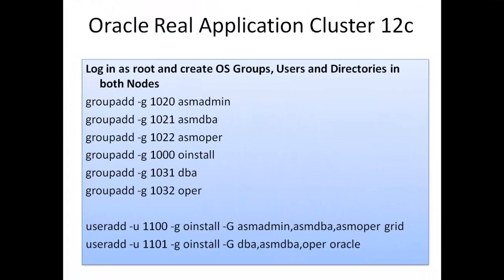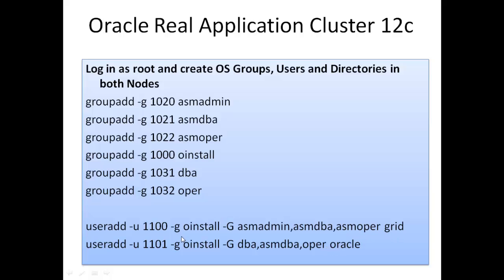You see, these are the groups that have been created: ASM admin, ASM DBA, ASM opper, OInstall, DBA, and opper. Among these groups, we will also create grid user and Oracle user. Grid user will be the administrator for the ASM, and Oracle user will be the administrator for the database.